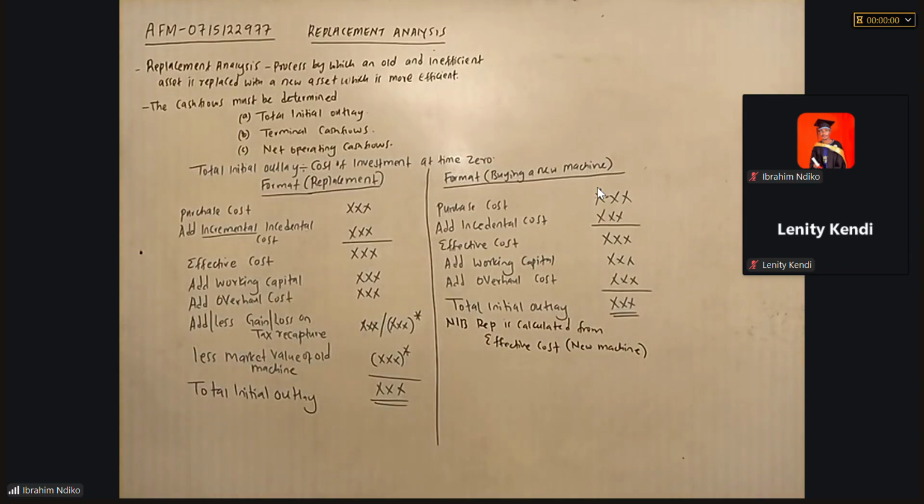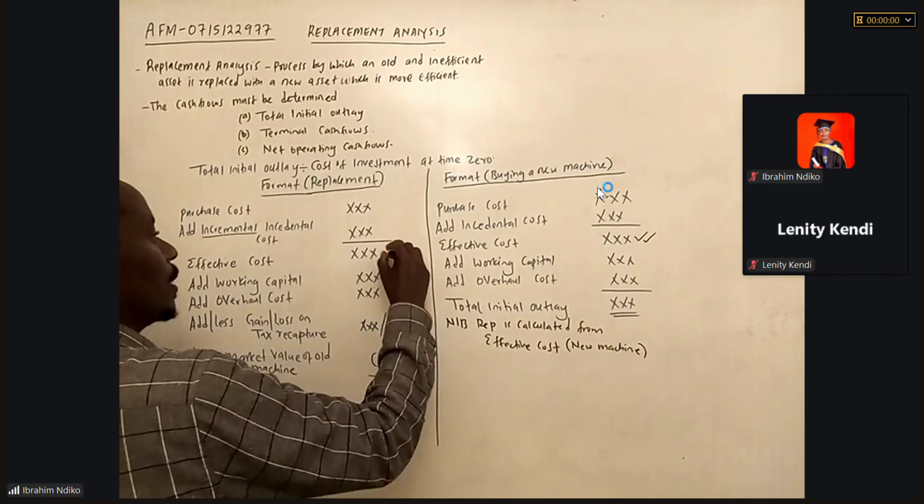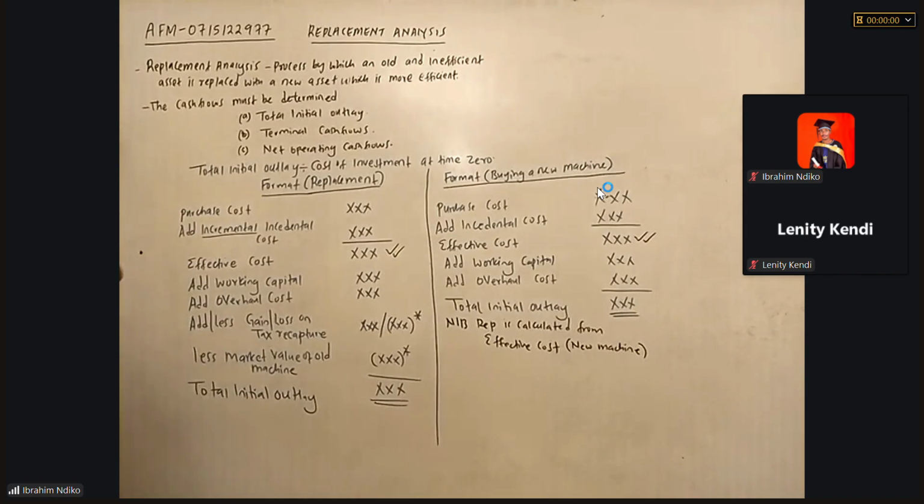So for the new machine, depreciation is calculated from the effective cost. The effective cost is used to determine depreciation.